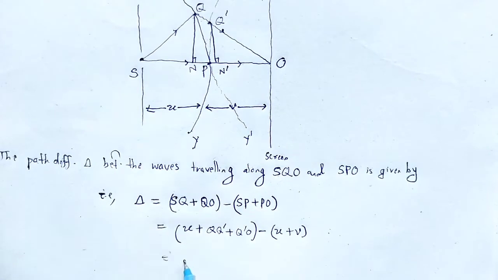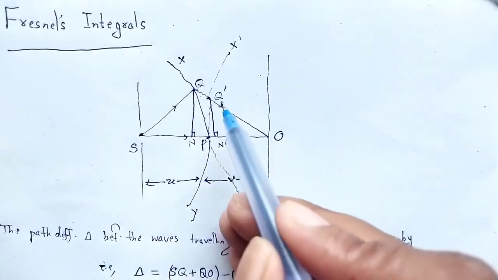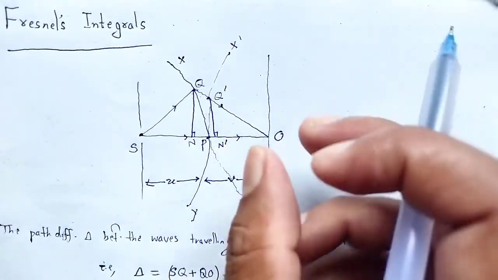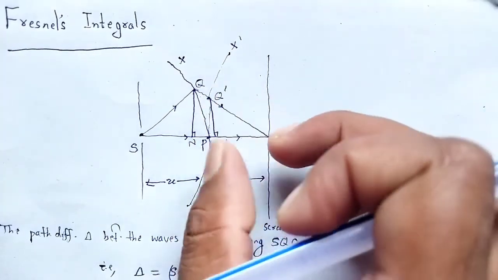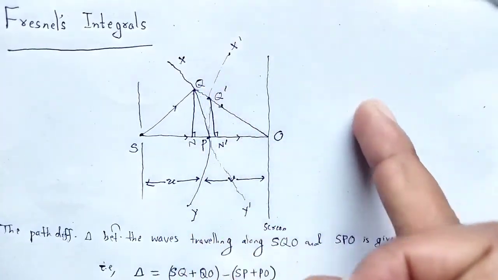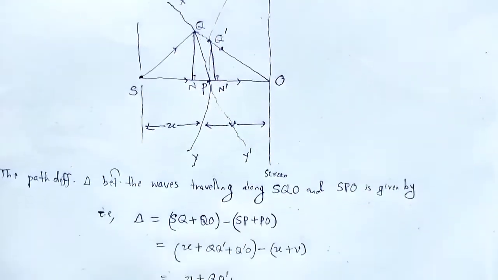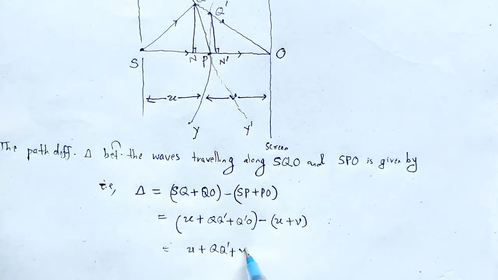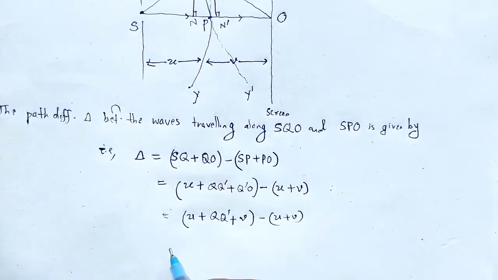Q dash O is equal to PO for that wavefront, so that distance is v.